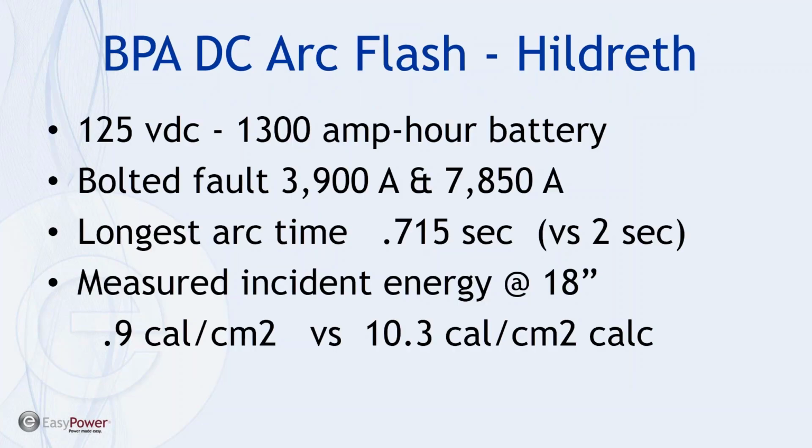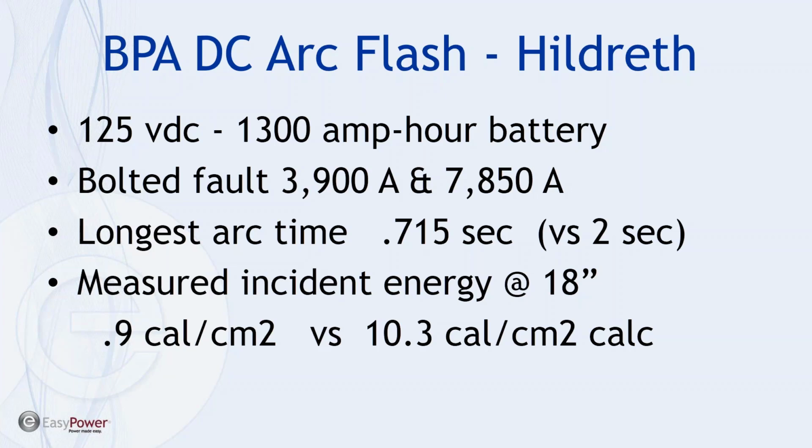Then, courtesy of the BPA, some testing that was done on some DC circuits, specifically a 125 volt, 1300 amp hour battery system, which was able to produce faults of 3,900 amps and 7,800 amps.